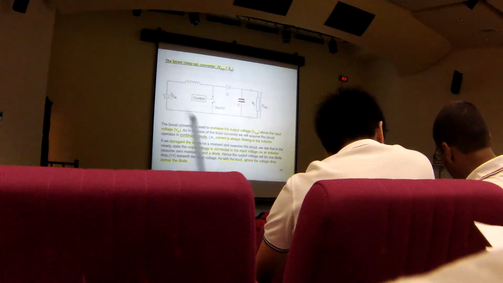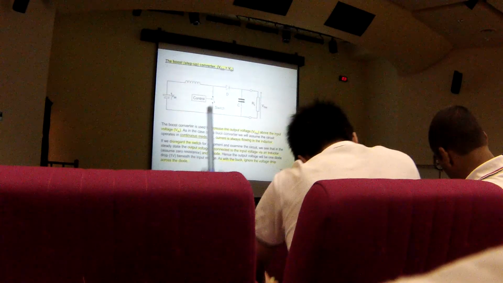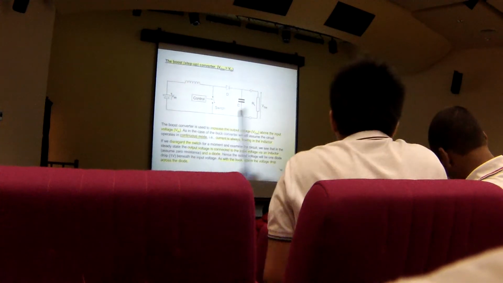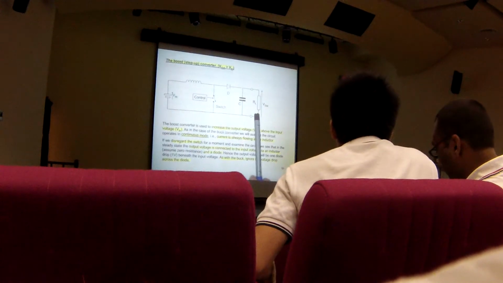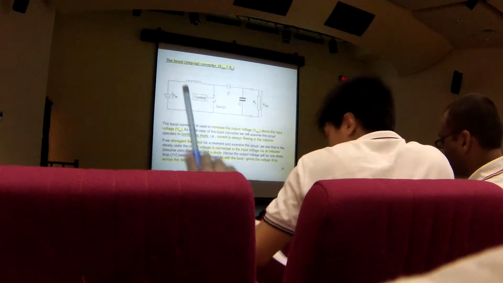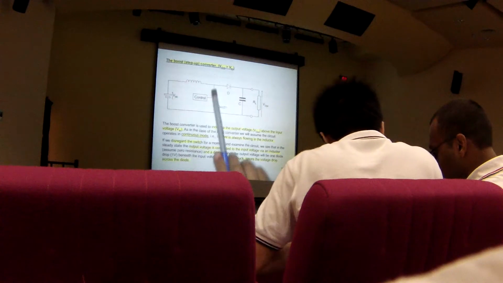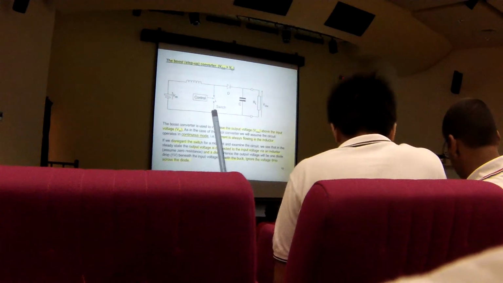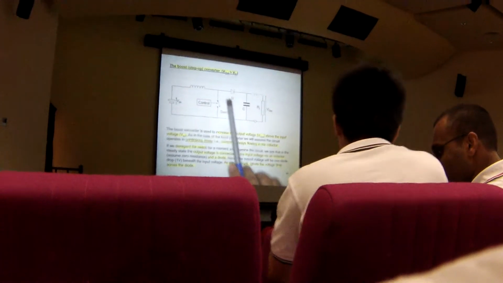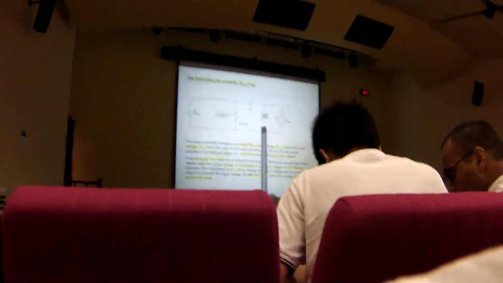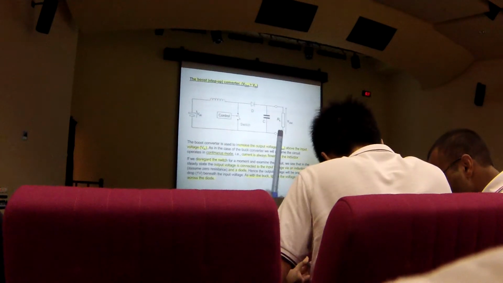Previously the switch was here, the diode was here, the inductor was here, capacitor and resistor. Now it's all different. You have an inductor here, your switch connected in parallel to your power supply. Okay, you have a diode here, and the same goes to the capacitor and the resistor.